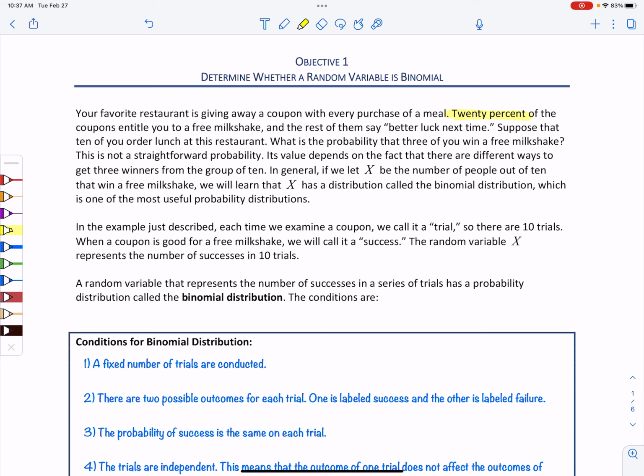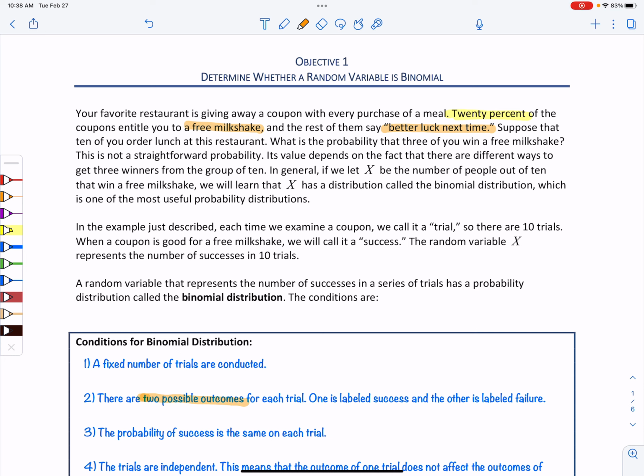Now I also want you to notice that there are only two options when you look at your coupons. The two options that you have here, one would be that you get the free milkshake. The other, basically you don't. The other option is that it says better luck next time. When you have situations like this where there are only two possible outcomes for each trial, we call one a success.